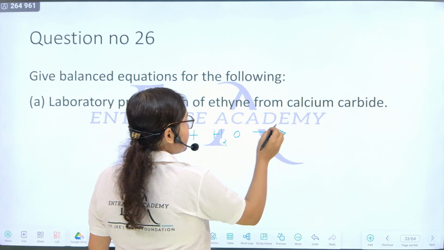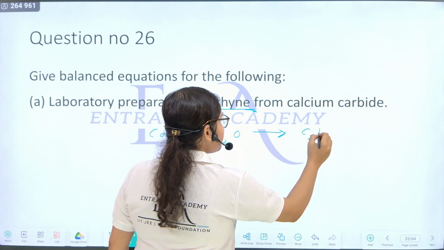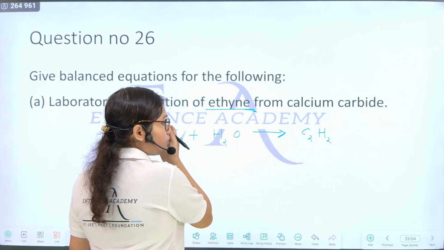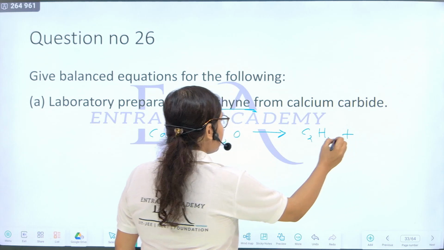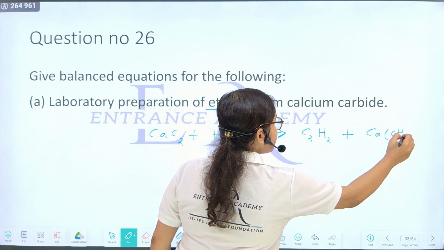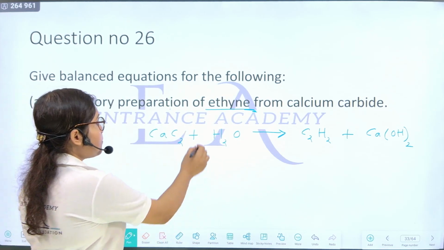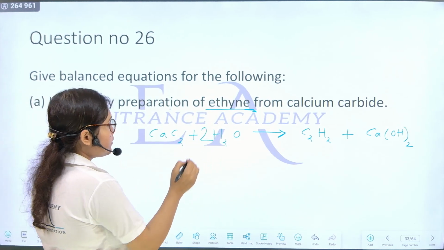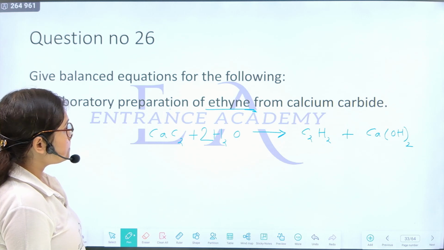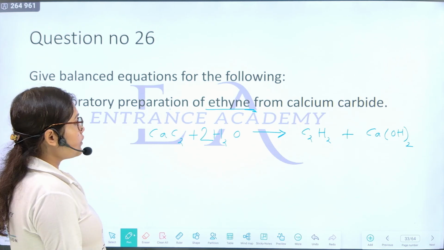We have ethine, that is acetylene, plus calcium hydroxide. You need to balance it like this. Okay, this is the balanced equation.